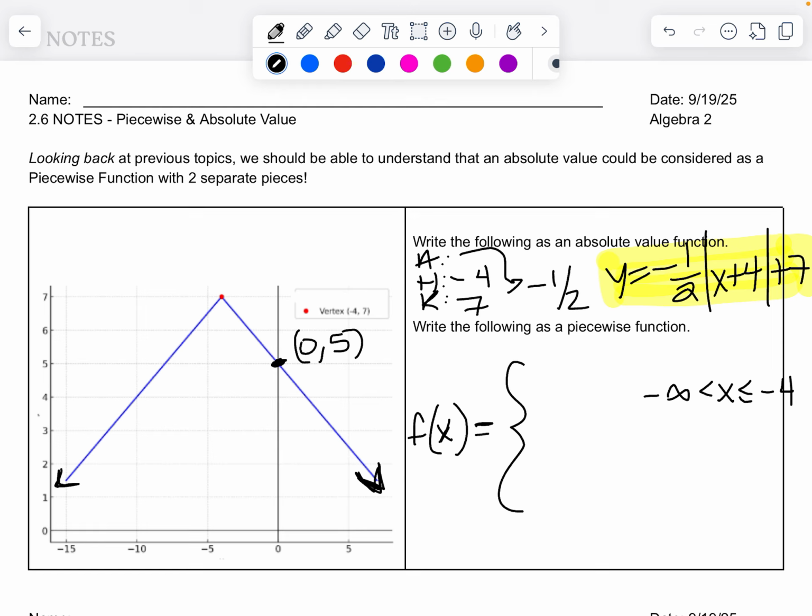And then for the decreasing interval, the second part, that would be traveling off to positive infinity.